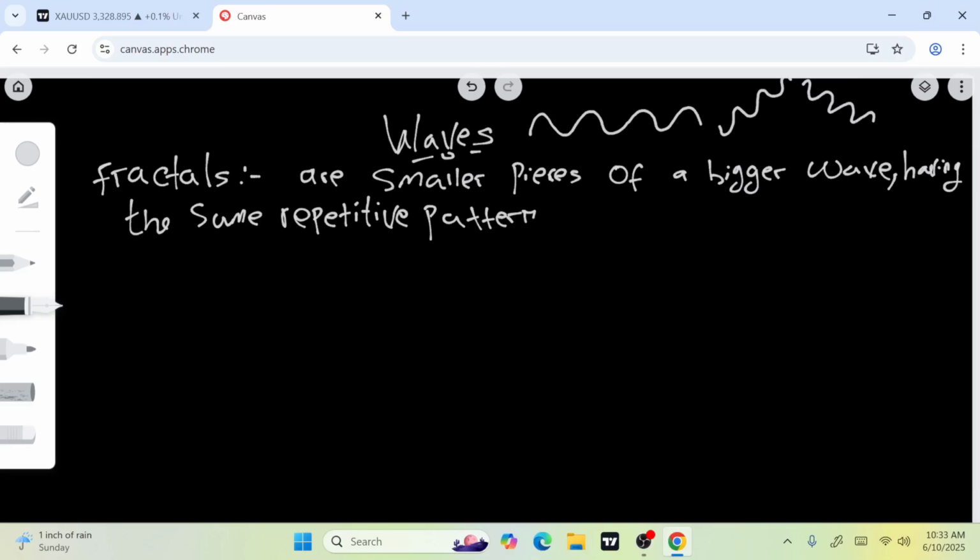Fractals are smaller pieces of a bigger wave having the same repetitive pattern. What is the repetitive pattern? Repetitive pattern of price action. Is that not so? Repetitive pattern of what? Of price action.